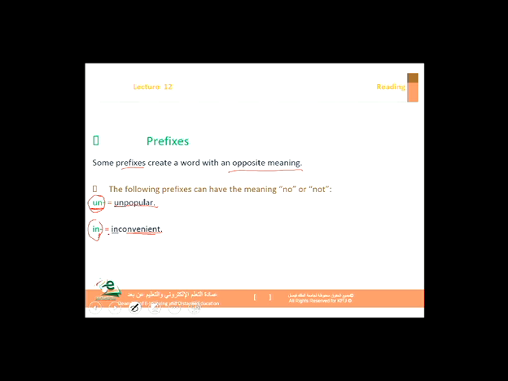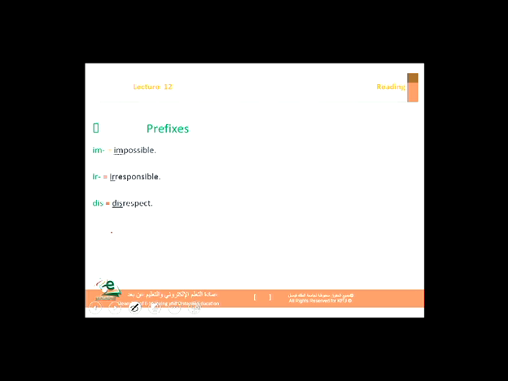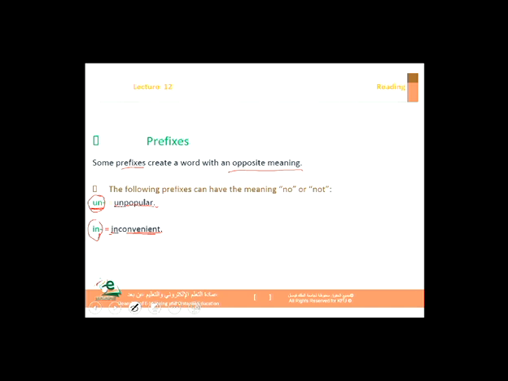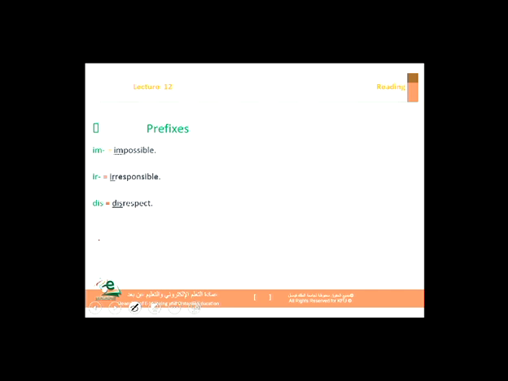But inconvenient, so the opposite of convenient. So un, that's number one. In, and also we have im, ir, and dis. Dis like discover, we've looked at this one. So im, like possible, the opposite of which is impossible.